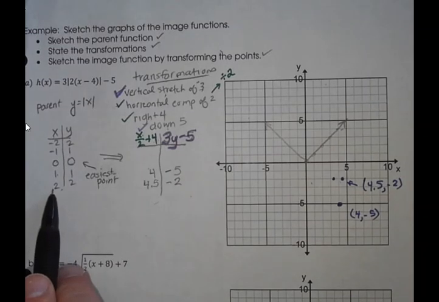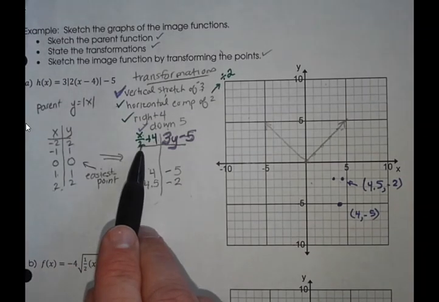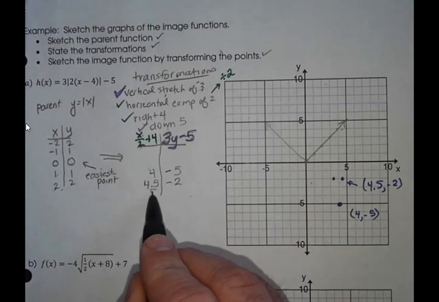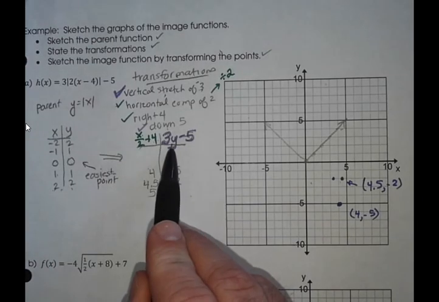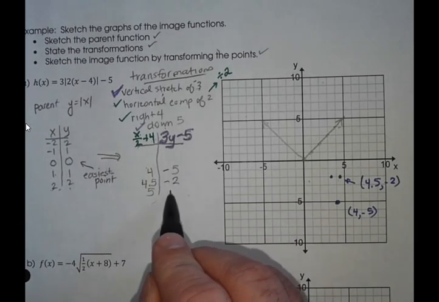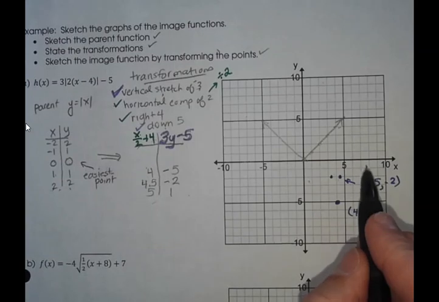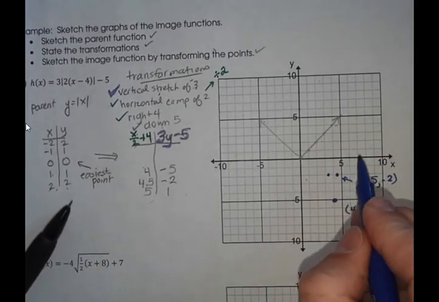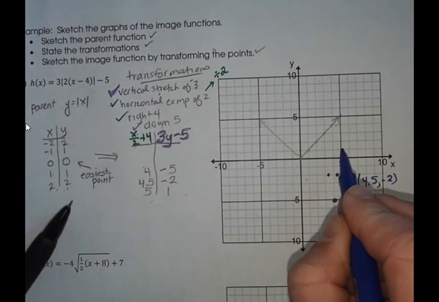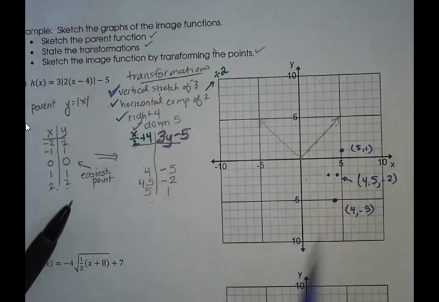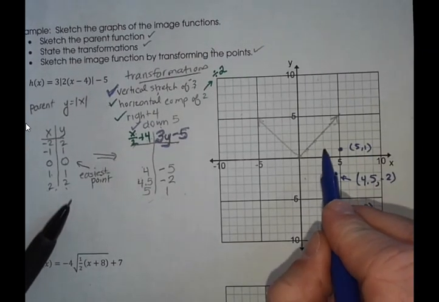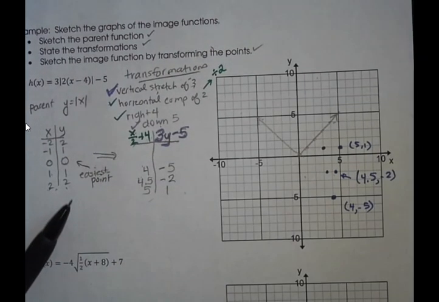Now let's put 2 in here. 2 divided by 2 is 1, plus 4 is 5. 2 times 3 is 6, minus 5 is 1. So my next point would be at 5, 1. And likewise, this is symmetrical there.